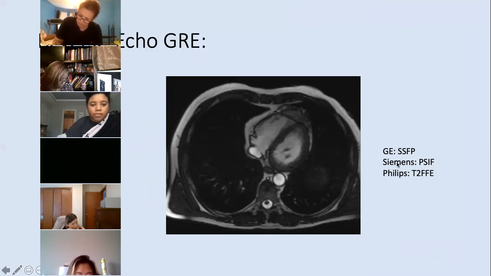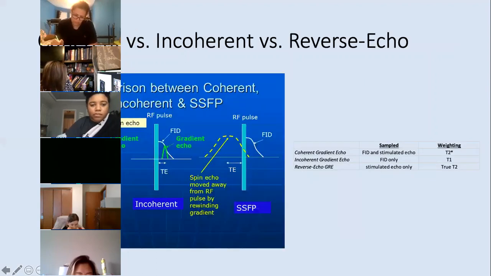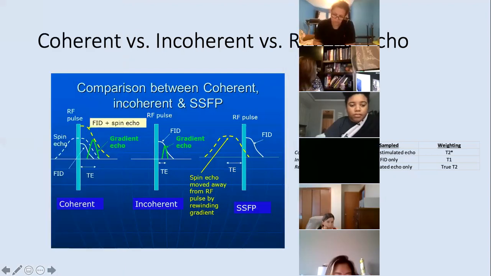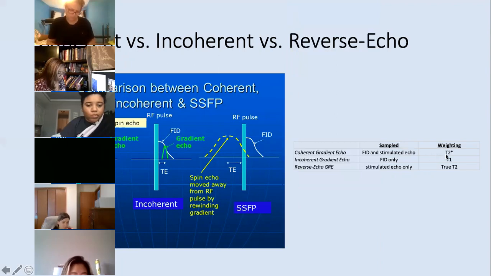And then here is the acronym depending on the manufacturer. So if you remember one thing, I would put a big circle around this and just memorize this chart and make those associations. So if you want a T2 star weighted image gradient echo, you need to have a coherent, and what you're doing is sampling the free induction and the stimulated echo.